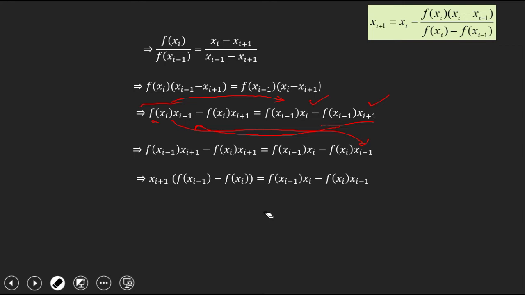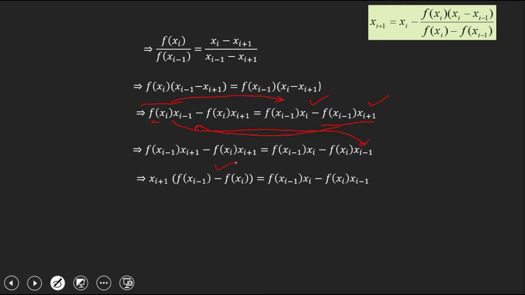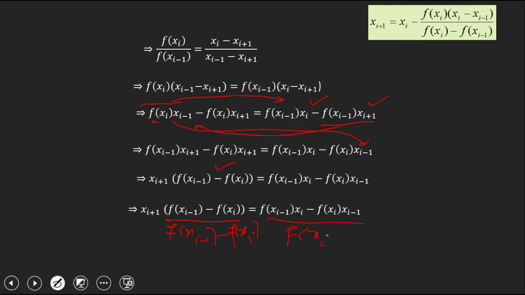After dividing both sides by this term, on the left side we get xi plus 1, after dividing by f of xi minus 1 minus f of xi, and the right side also by f of xi minus 1 minus f of xi.